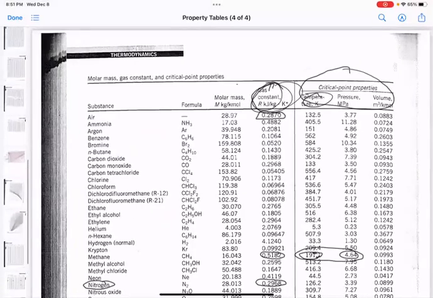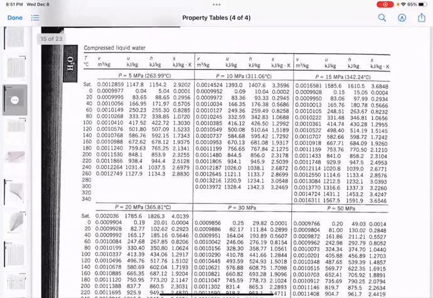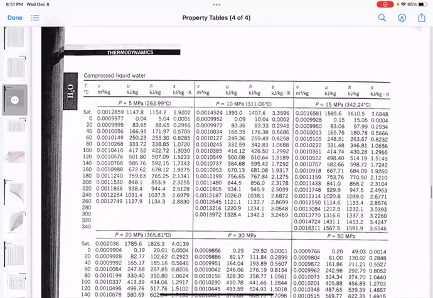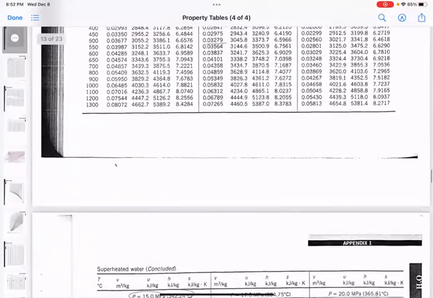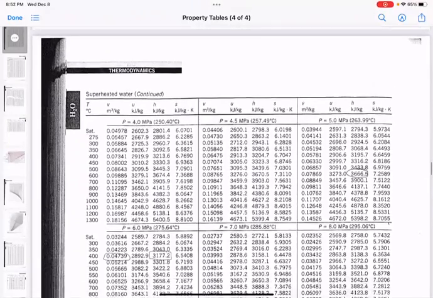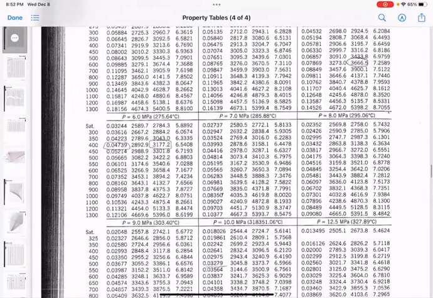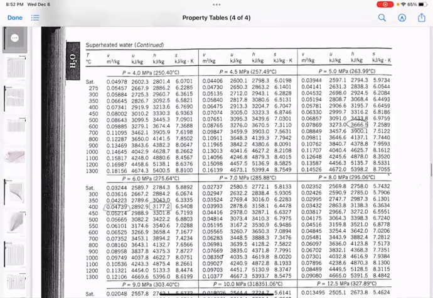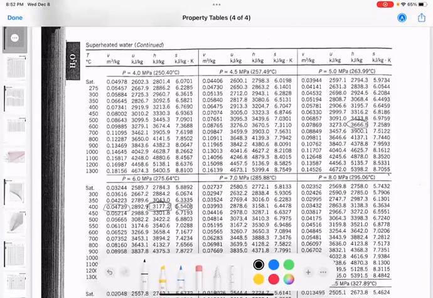So let's go to the steam tables. We're looking for 6 megapascals. Oh, that's the wrong tables. That's compressed liquid. Excuse me. Table 4.5, superheated water, 6 megapascals, 400 degrees Celsius. While we're here, we'll want to get the enthalpy as well. So we see the enthalpy over here, and over here we have the entropy.